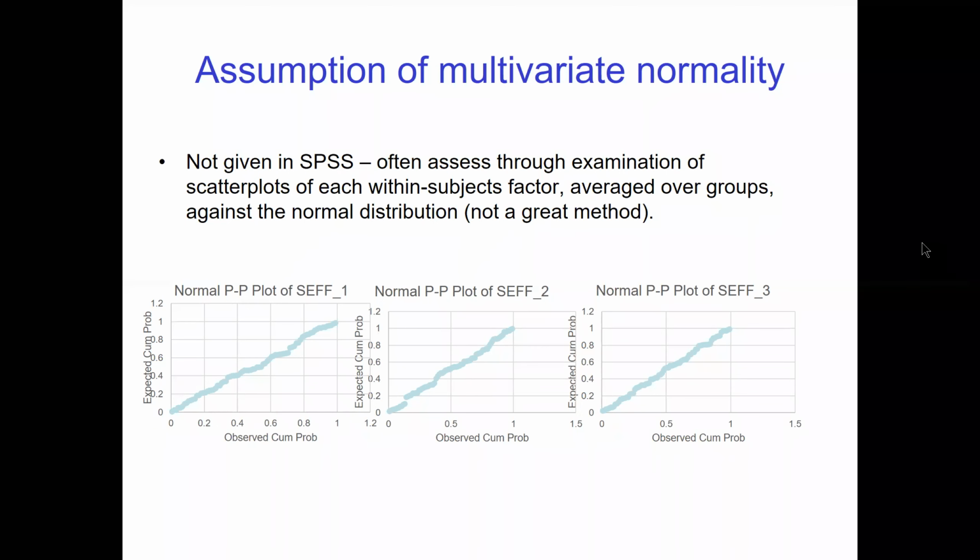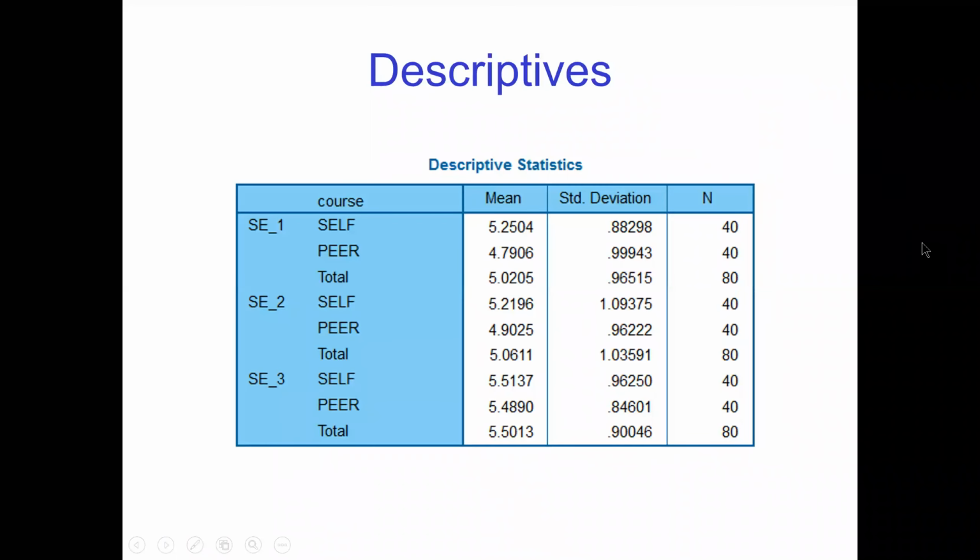So we're going to move on to the other assumptions. First, we're going to look at the descriptives. And descriptively, the main thing that you might notice here is that you do have a consistent order between self and peer. At the first time of measurement, self performs better on self-efficacy than peer.